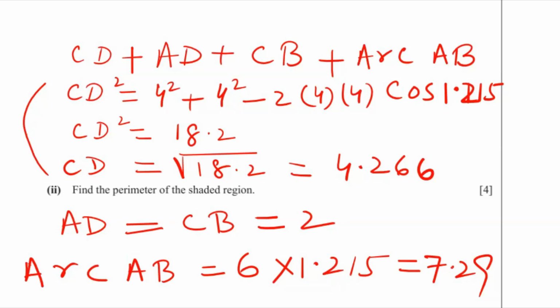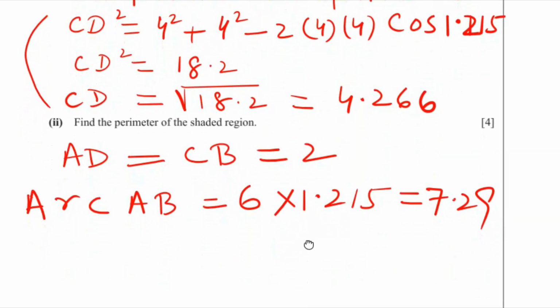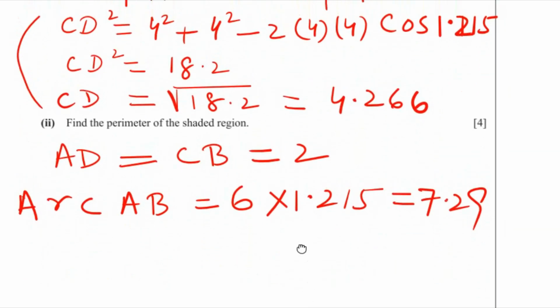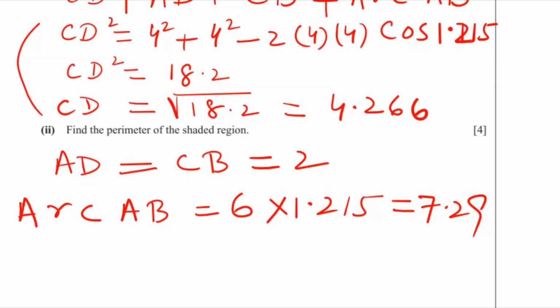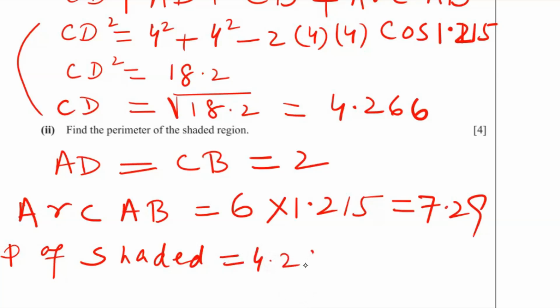Therefore, the perimeter of the shaded region is equal to CD is 4.266 plus AD is 2 plus CB is 2 plus arc length of AB, that is 7.29.